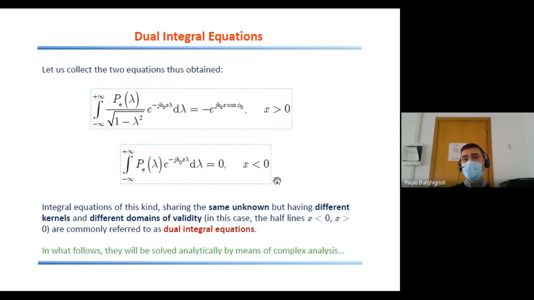Okay, whenever you have a situation of this kind in which you have a common unknown to a pair of integral equations, which, however, you can see in the upper integral equation, you have the square significant in the lower integral equation, that hold in complementary domains, as in this case, in two complementary half planes, we speak in terms of dual integral equations.